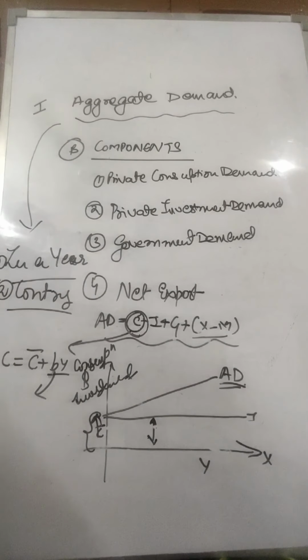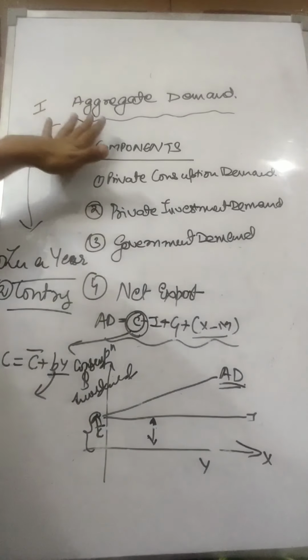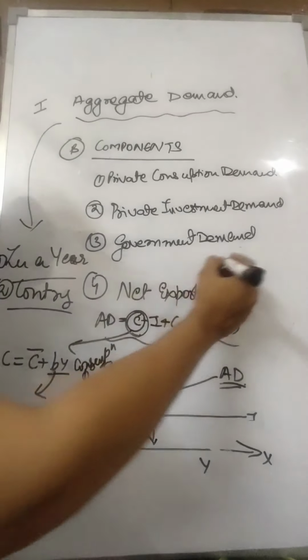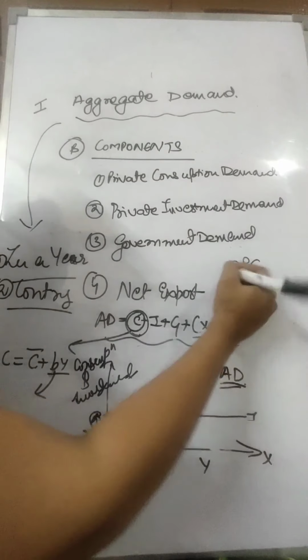Now, coming to propensities to consume, they are again a part of aggregate demand only. So we will be doing average propensity to consume here. Okay, so what do we mean by average propensity to consume? That is APC.